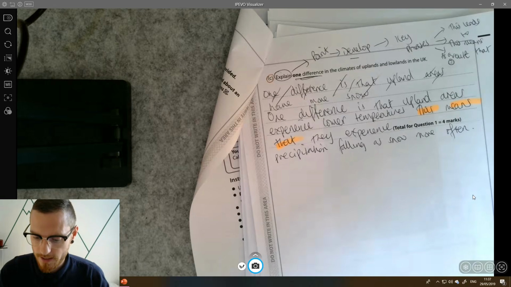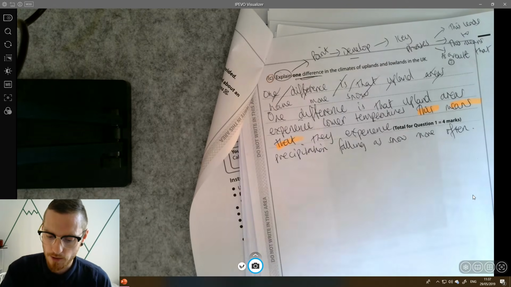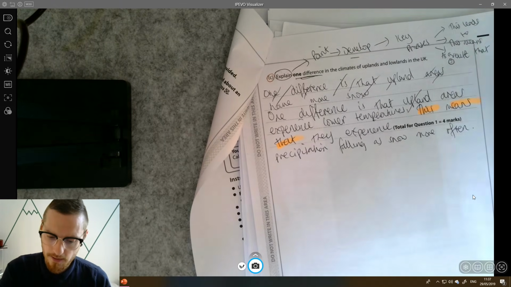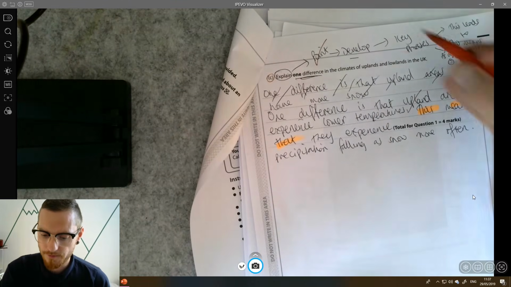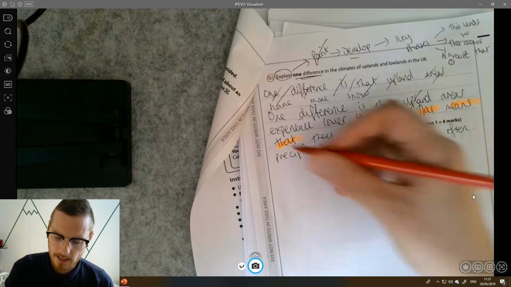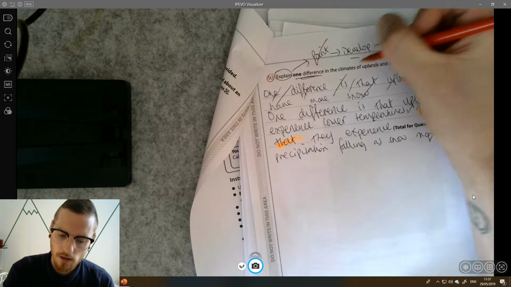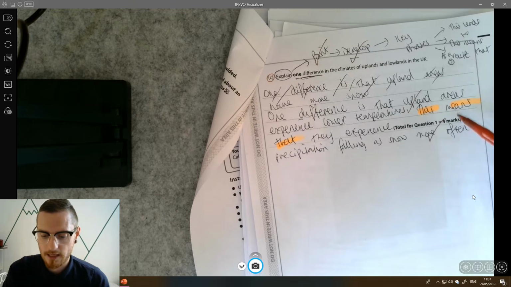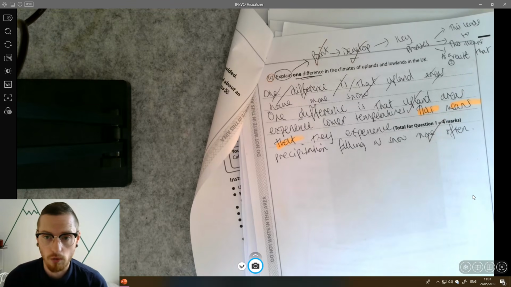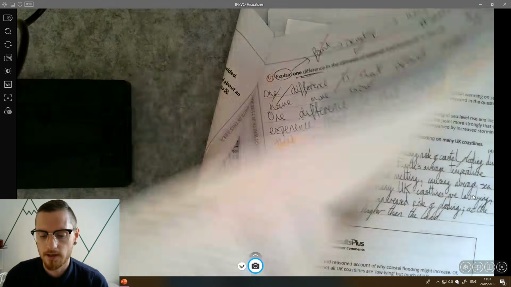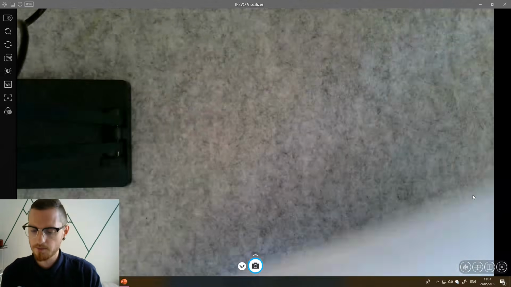So we've got one difference is that upland areas experience lower temperatures. That's my point. Then I've developed it with a key phrase. This means that they experience precipitation falling as snow more often. And that's my development. So basically I'm saying upland areas have more snow, which is true. It's the difference between upland and lowland areas in terms of their climate in the UK. All right, let's move on.